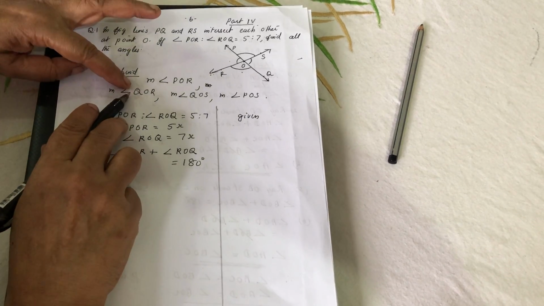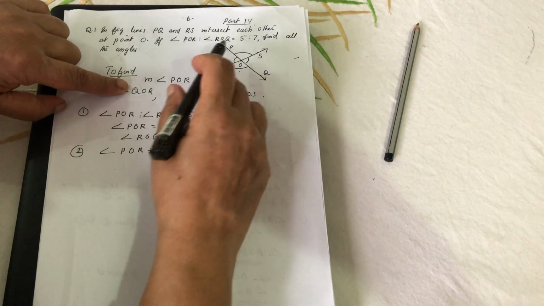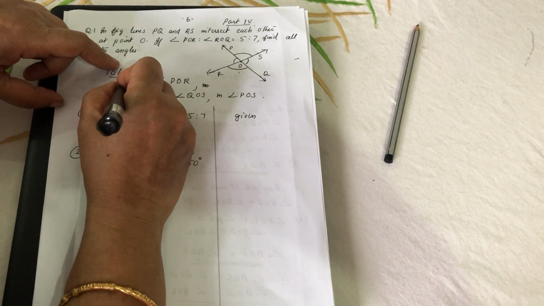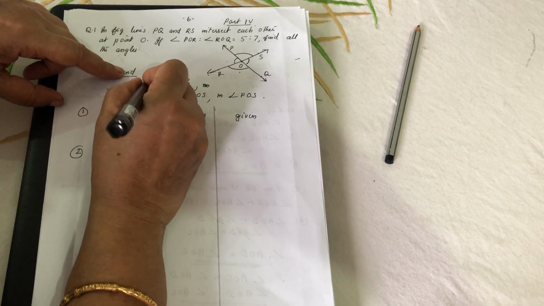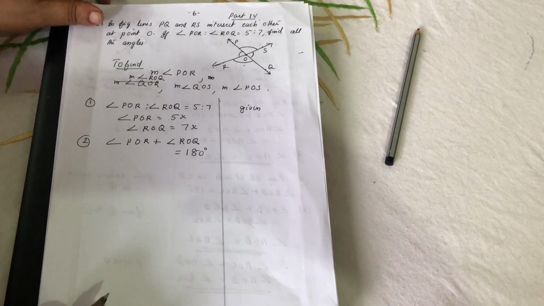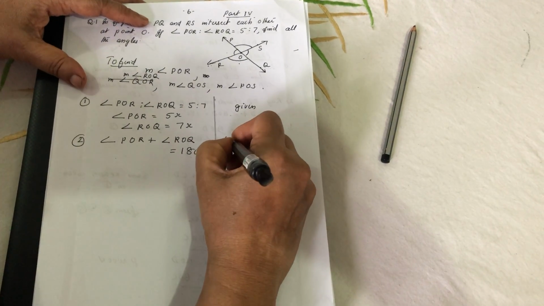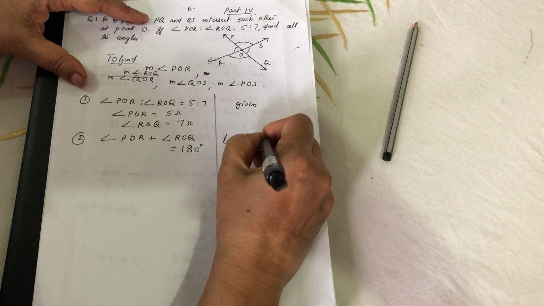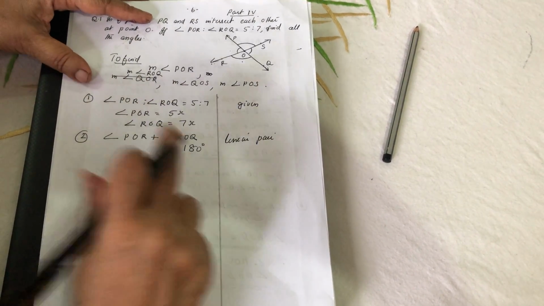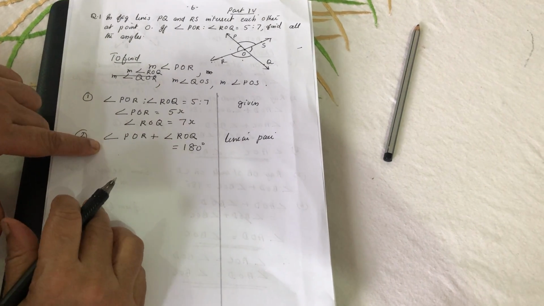In the question it is given ROQ, so I am writing measure of ROQ. You just write down the reason: linear pair. The sum of the two adjacent angles of a linear pair is 180. Now I am going to substitute.